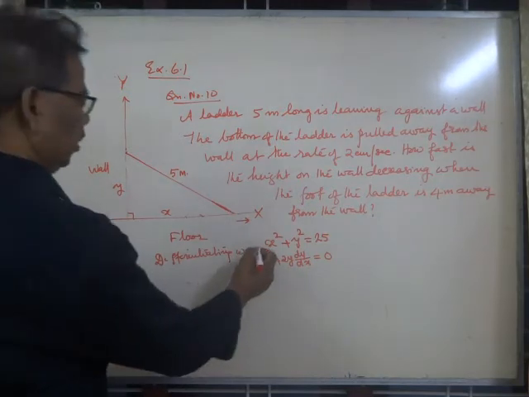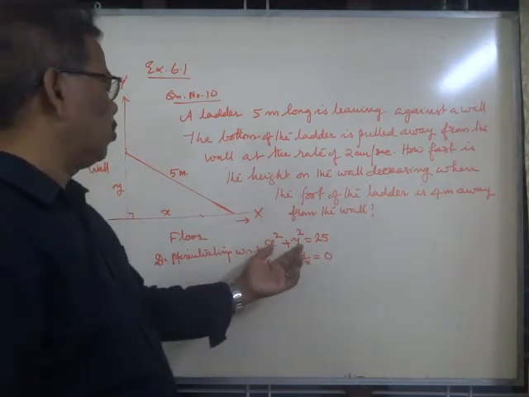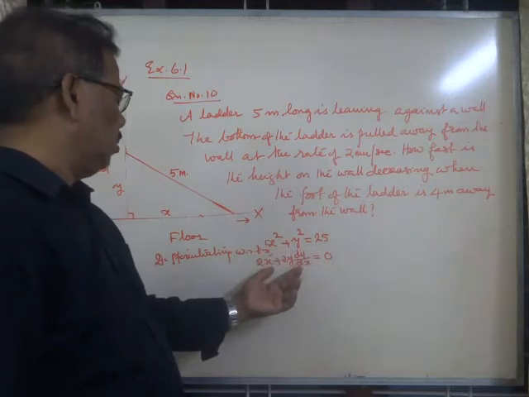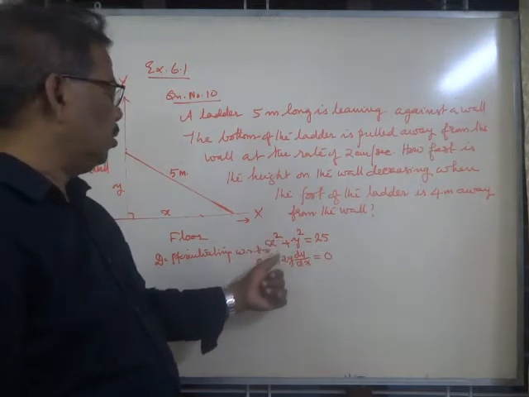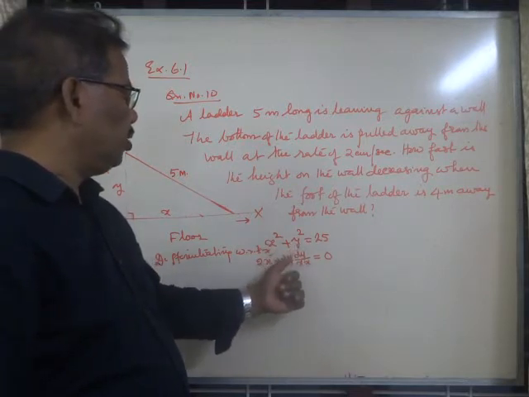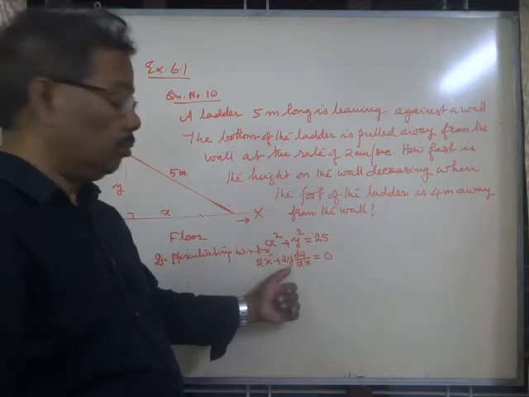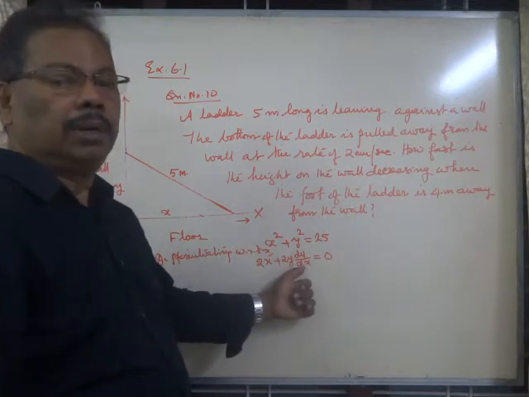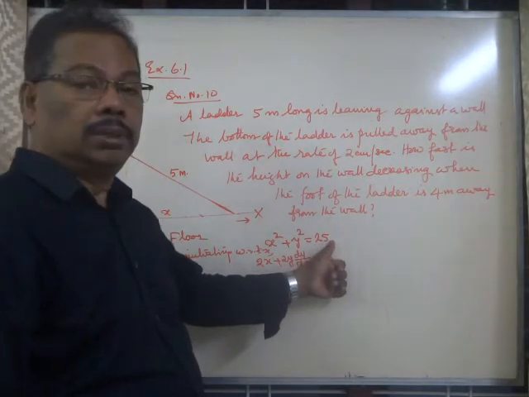We are differentiating the expression x square plus y square equals 25 with respect to x. Derivative of x square is 2x. Derivative of y square with respect to y is 2y, and we need to get the derivative with respect to x. Therefore, it should be multiplied by dy by dx. Equals derivative of a constant is 0.